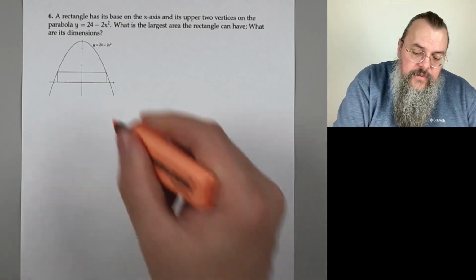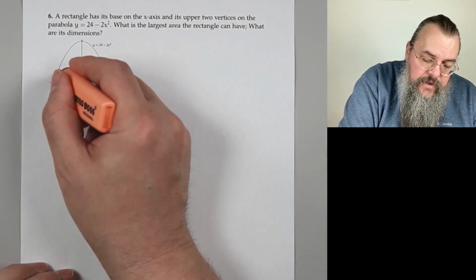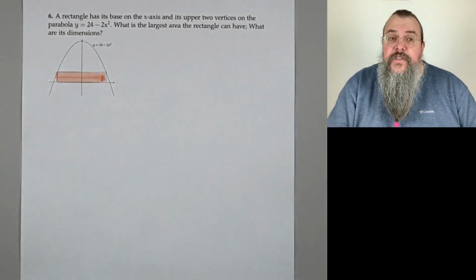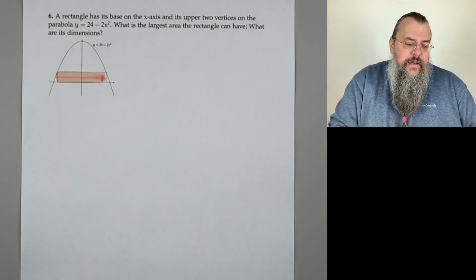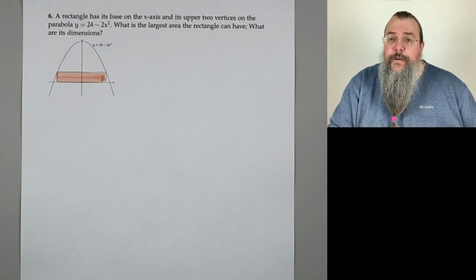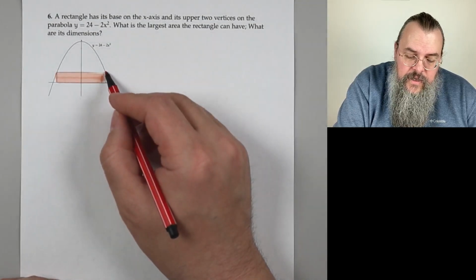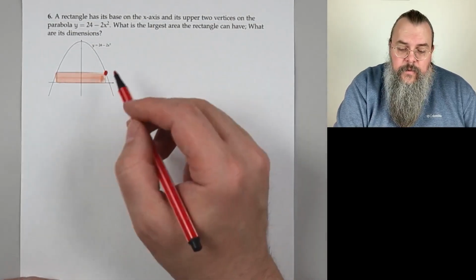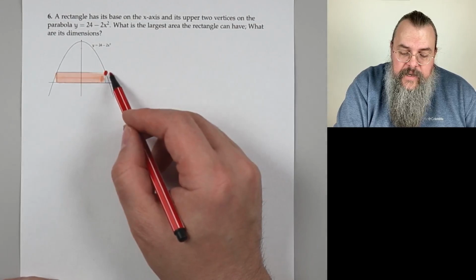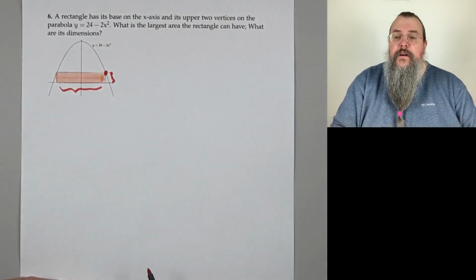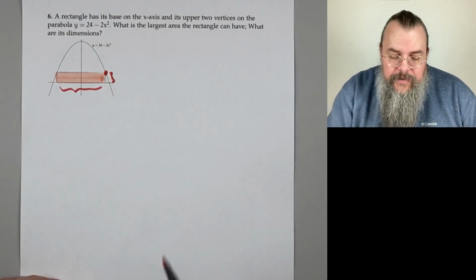And so we have this rectangle, and we're trying to optimize it so that we have the largest area. And we think about it and say, okay, how does one go about finding area? Well, generally speaking, for a rectangle, we would take the height times the base, or length times width, whatever you want to think of it.